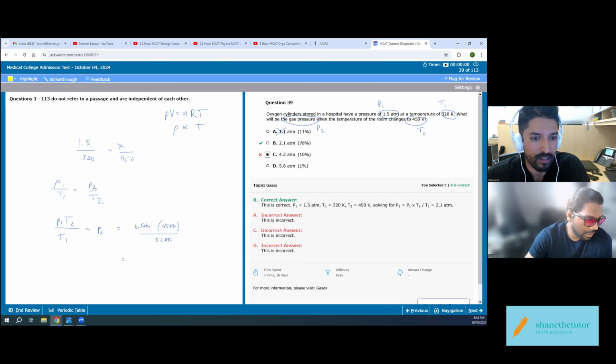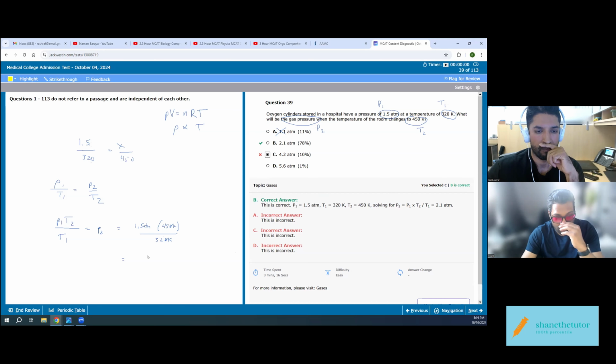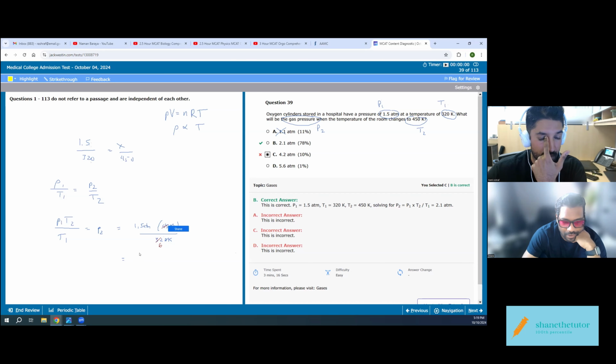What I would do here is try to factor, like find a common multiple between the 45 and the 32. I'm going to treat the 32 as a 30, and 5 goes into 30 six times, and 5 goes into 45 nine times.